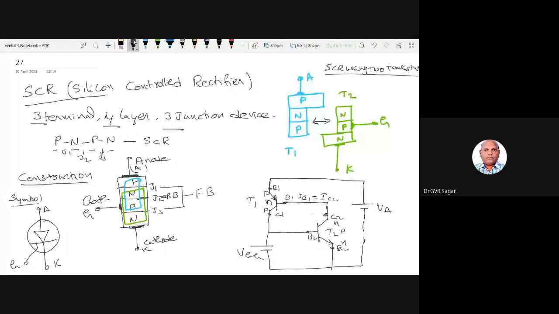Okay, this is the construction part. Now, how to run this SCR? How is its operation? Now I have shown only the construction diagram, right?